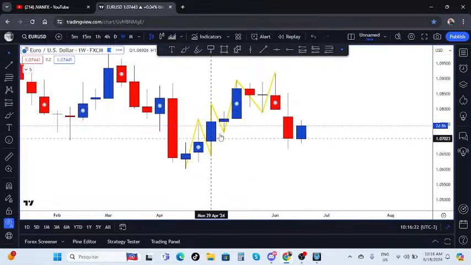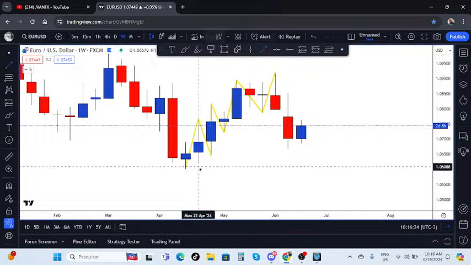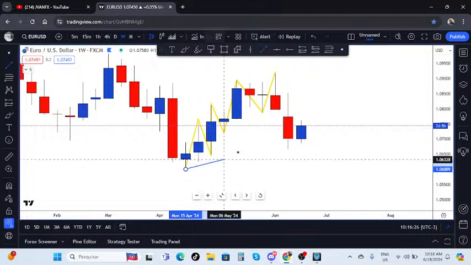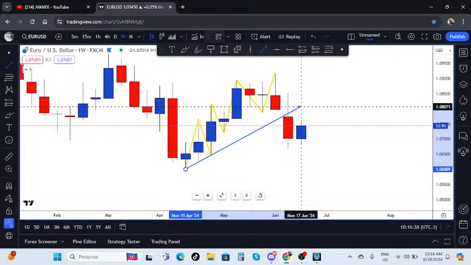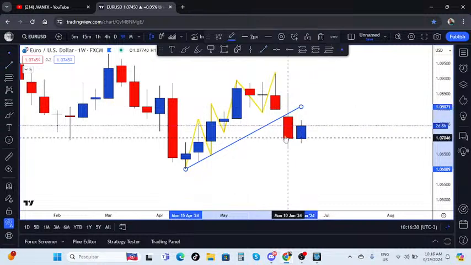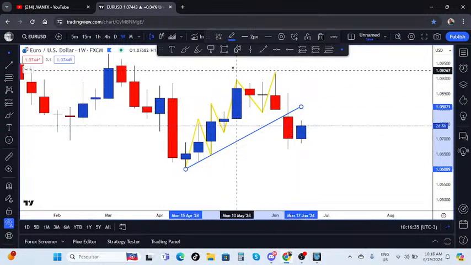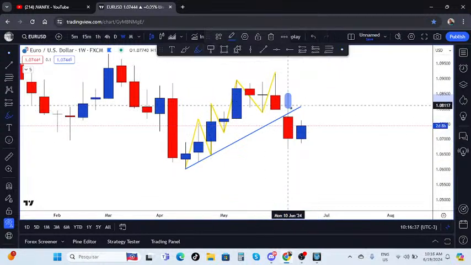So the short-term trend previously was up. We have the trend line, and the market broke the trend line, and it fell to the downside to make a low. So last week, this was where we had the market. So what would have been my analysis for the week? My analysis would have been buy.